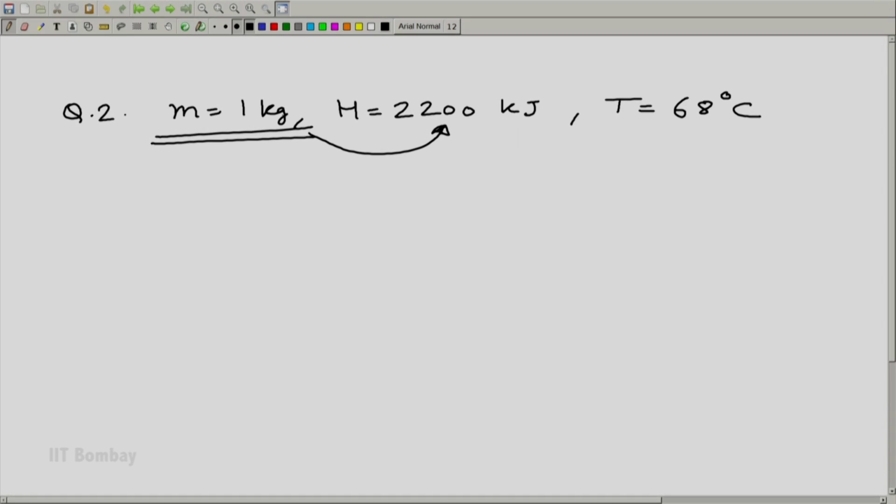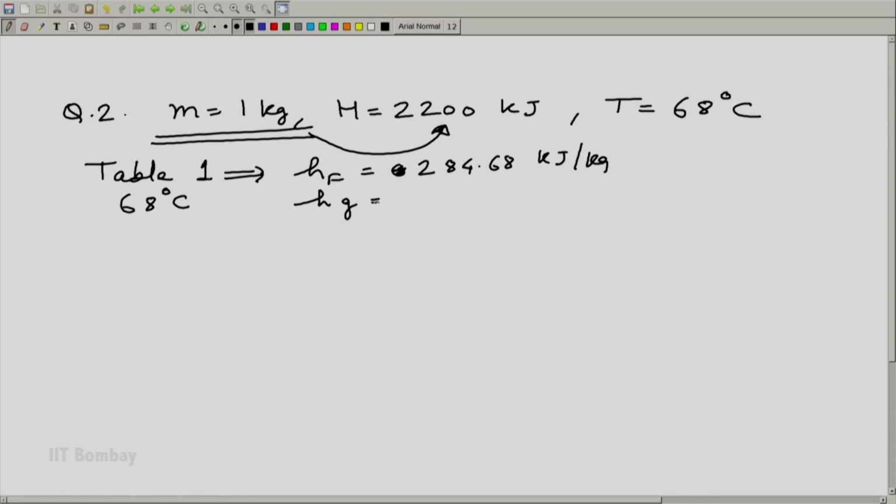If it had been 2 kg and this was given the value of 2200, then we will have to get kilojoule per kg for that value of H and use that in the steam table, as what we saw from table 1, and that at 68 degrees centigrade we get the value of HF is equal to 284.68 kilojoule per kg and Hg is equal to 2622.7 kilojoule per kg, alright.